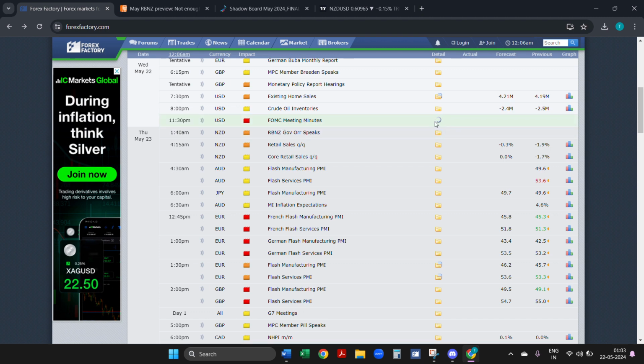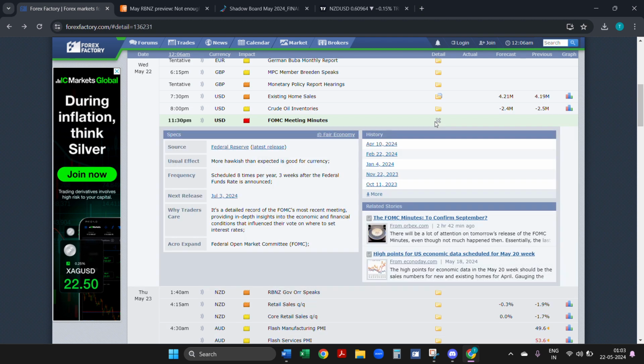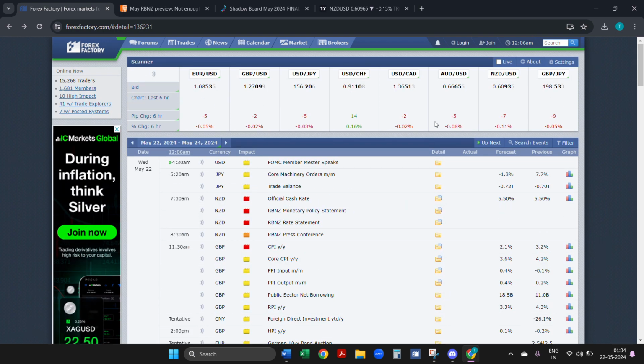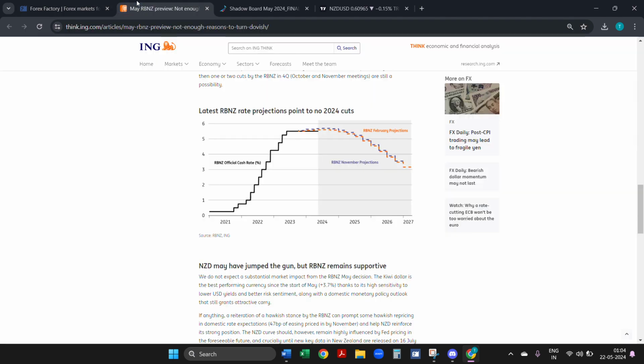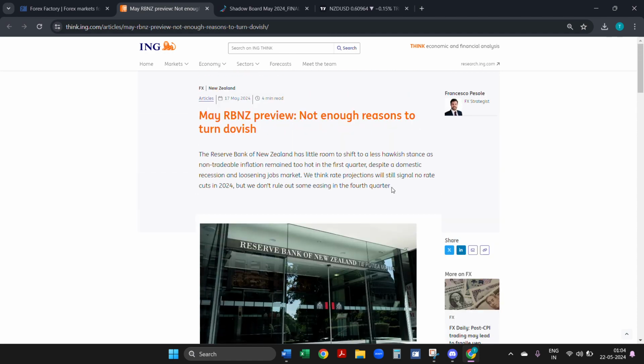Tomorrow means today, it's already 1 a.m. on 22 May. Today we have some key moments which can give us a little bit of momentum in the New Zealand dollar pair.